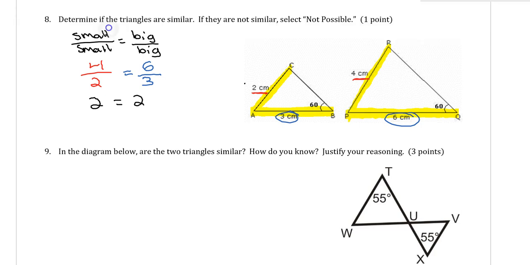The angles between them are angle A and angle P. So, can I say angle A congruent to angle P? No, there's nothing there. I can say angle B and angle Q are congruent, but that's not the angle between them. Angle A and angle P they might be congruent, but I don't know. I can't say they are congruent.